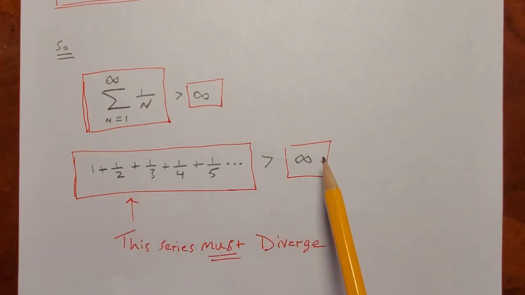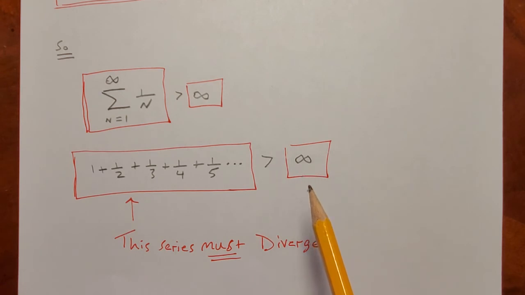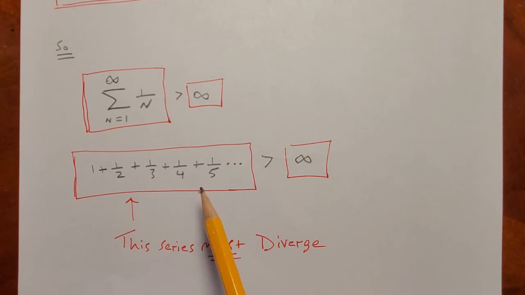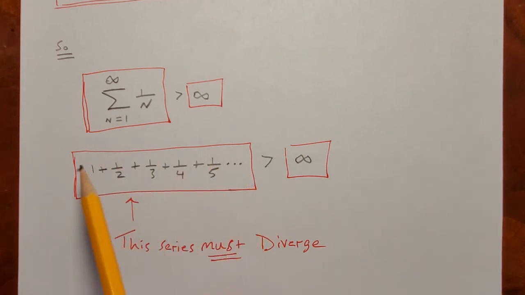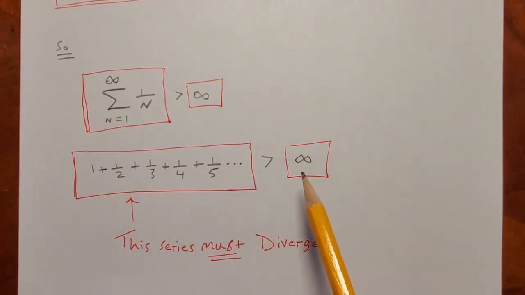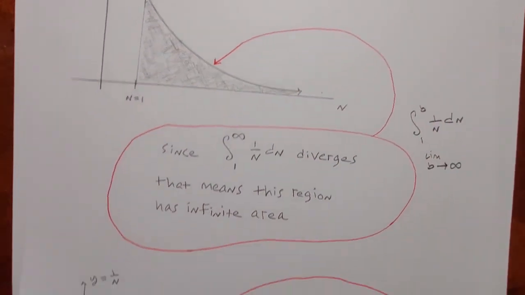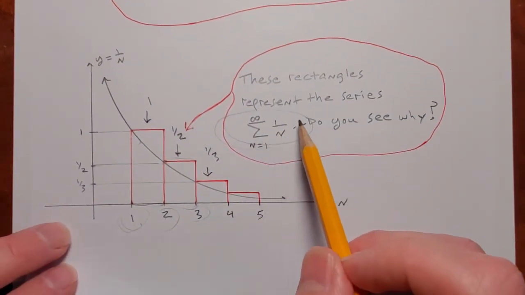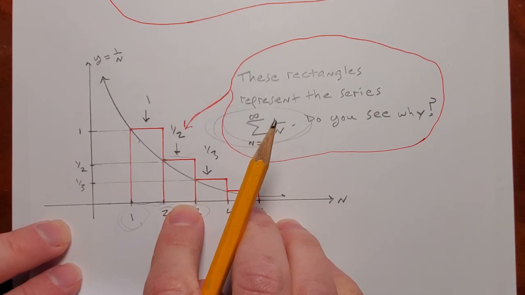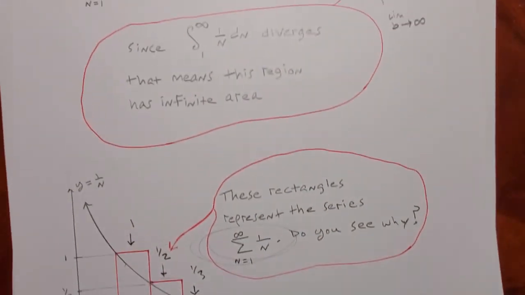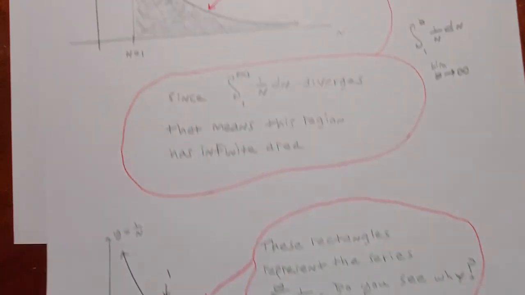If all of this has to be more than infinity, then it can't converge. I can't say this series converges to, for example, 5. Well, 5 is not more than infinity. Could this series converge to 10,000? No, nothing's more than infinity. So the series has to diverge. It's all just because the integral represents the area under the curve. That's infinity, and I can make the series be these rectangles that are a little bit bigger than that. That's why if the integral diverges, the series diverges.